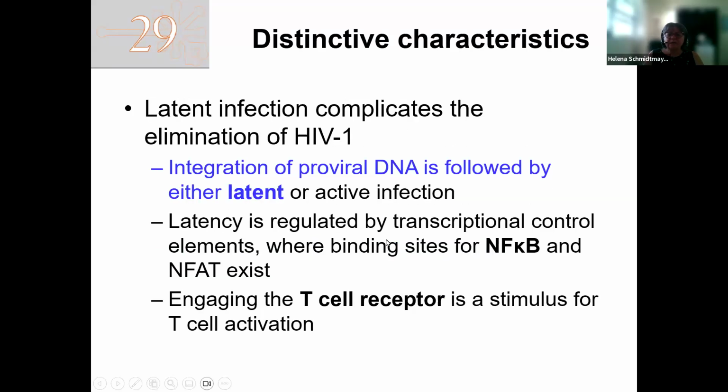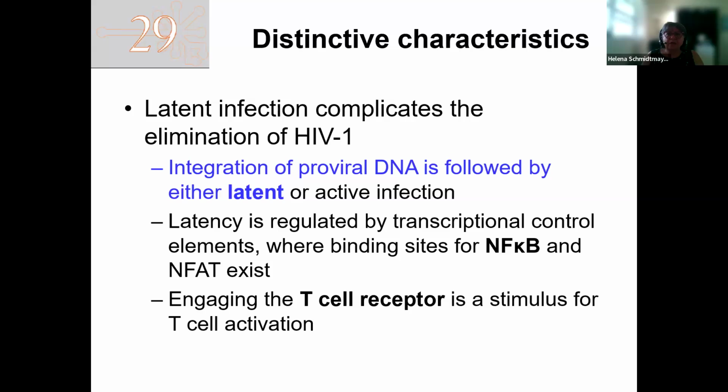Now, once the virus integrates, it can stay latent or it can actively transcribe and produce new variants. All this depends on the activation of the transcription factors NF-kappa B and NFAT.